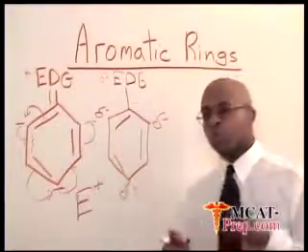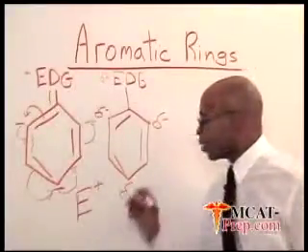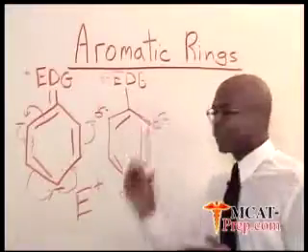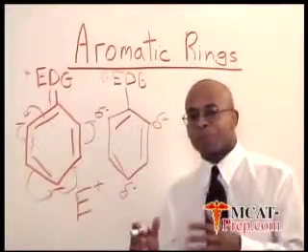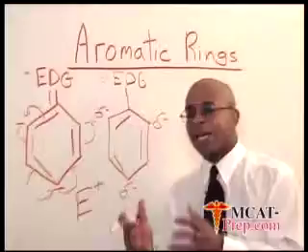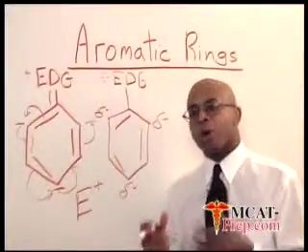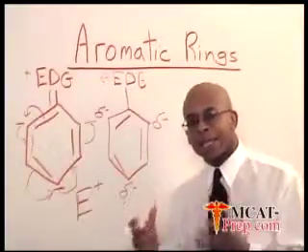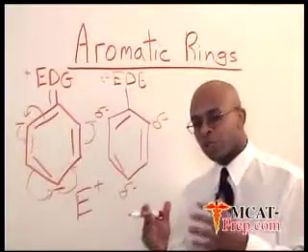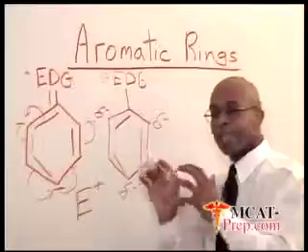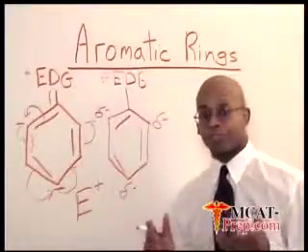Obviously, the position which would be preferable to be added would be the para position, because these substituents have electrons around them, and you can use either the idea of steric hindrance or electron shell repulsion, wanting to stay as far away from the other substituent as possible.